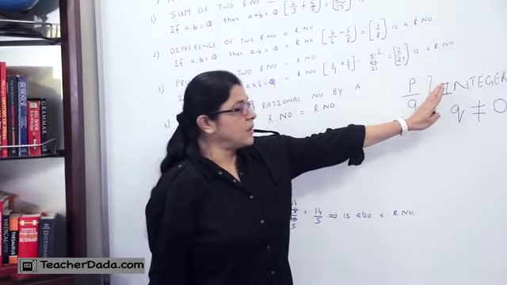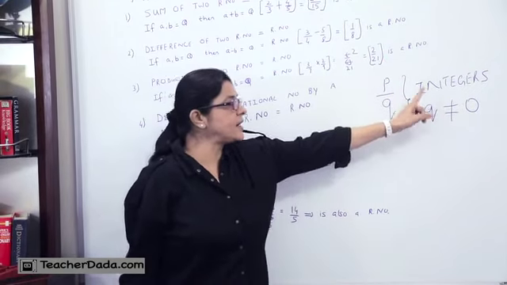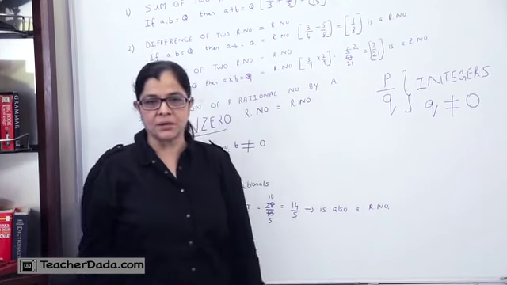So any number that can be expressed in the form P upon Q, where P and Q are integers and Q is not equal to 0, is termed as a rational number.